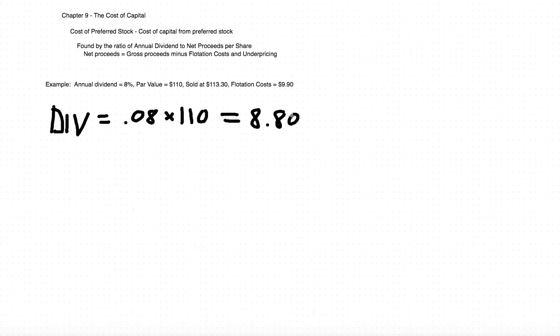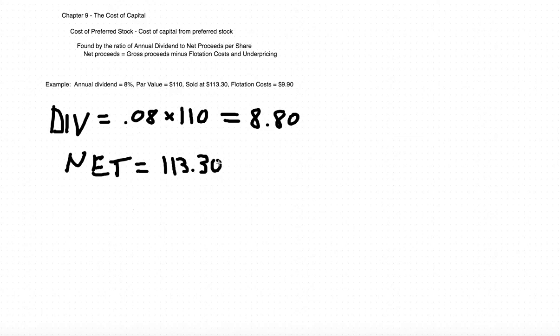And the second step is we want to determine what the net proceeds are from the issue. In this case, we take the gross proceeds. So again, determining the net proceeds, we're going to use the gross, which is $113.30. And this is how much was received from the sale of preferred stock.